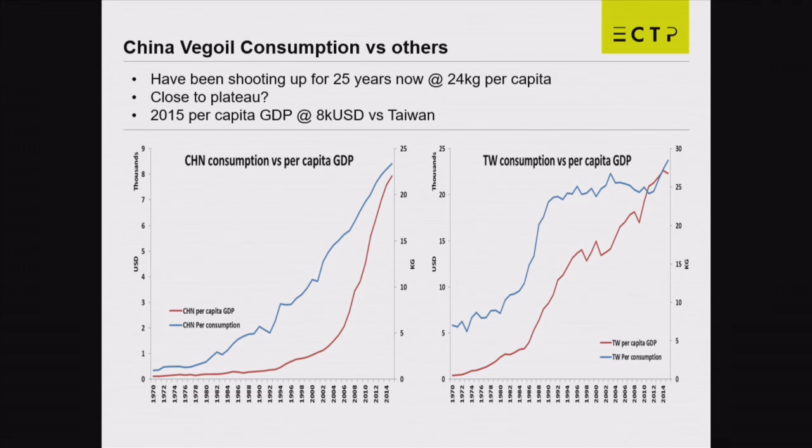And interestingly, if you look at the blue on the Taiwan side, which is per capita visual consumption, it actually reached a plateau around 25 kg per capita, and that is where mainland China stands currently. Also, when Taiwan reached 25 kg of per capita consumption, its per capita GDP stood at around $8K US as well.